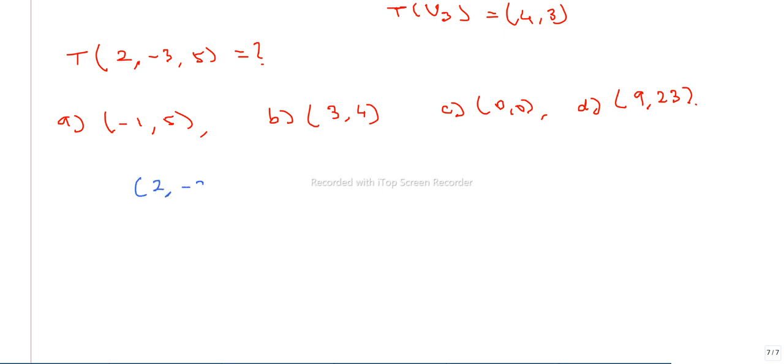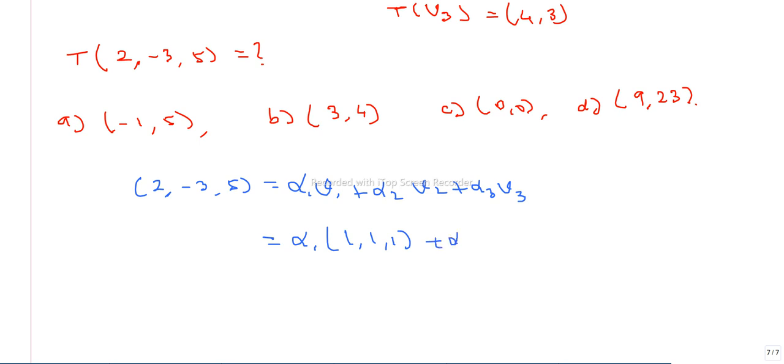2 comma minus 3 comma 5 should be some alpha 1 times V1 plus alpha 2 times V2 plus alpha 3 times V3. We have to find the alphas. So alpha 1 times V1, which is 1 1 1, plus alpha 2 times V2, which is 1 1 0, plus alpha 3 into 1 0 0. So if you multiply and sum, the first coordinate should be alpha 1 plus alpha 2 plus alpha 3.